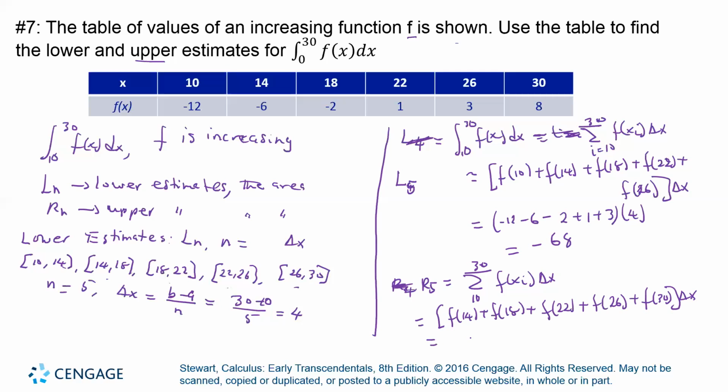So that is going to be negative 6, minus 2, plus 1, plus 3, plus 8, times 4. And that will give us positive 16. So we say that these are lower estimates, and that is the upper estimate.